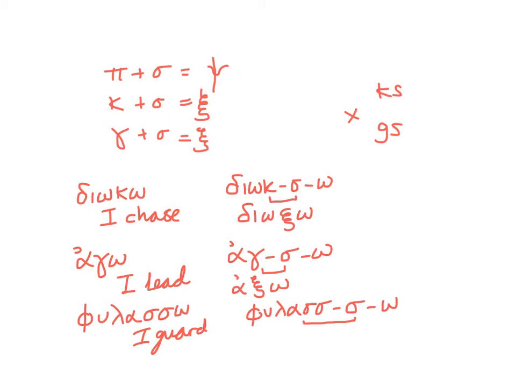The Greeks didn't like that. In fact, in English, we don't have any words with 3 s's in a row. But by combining all those sigma sounds, Greeks saw fit to write them again with a xi. So the future of I guard in Greek is fulaxo, I will guard.